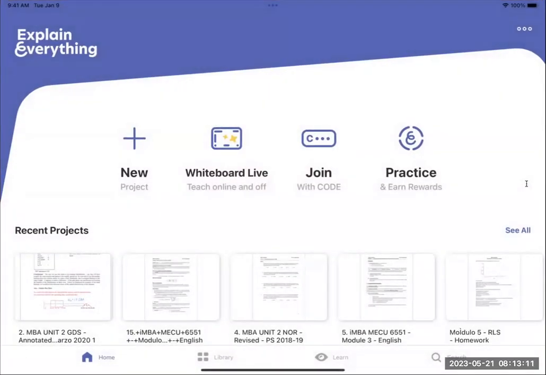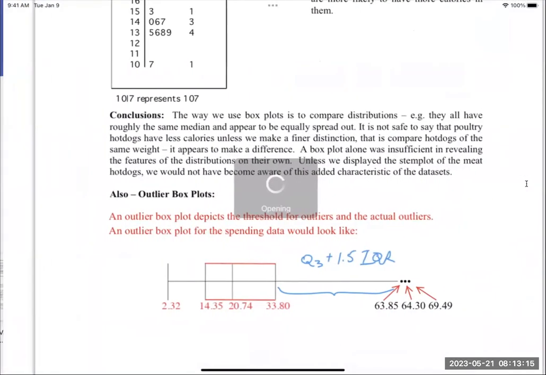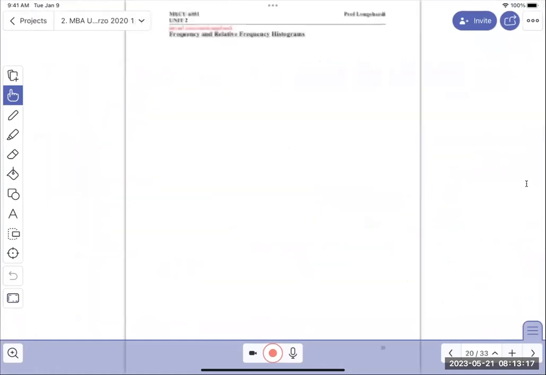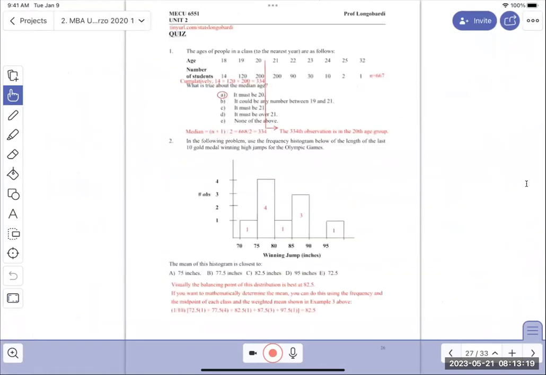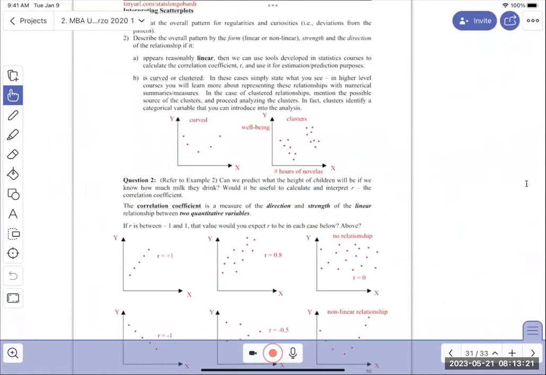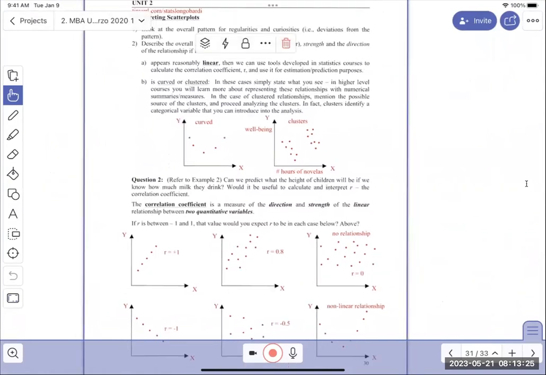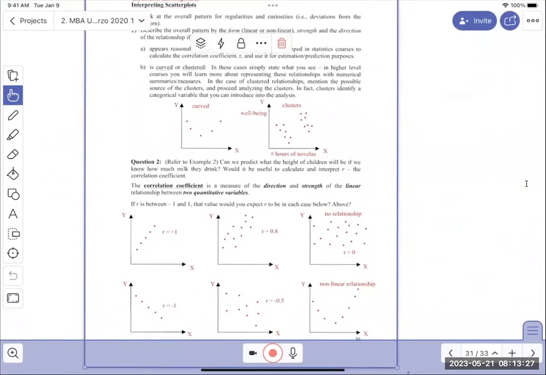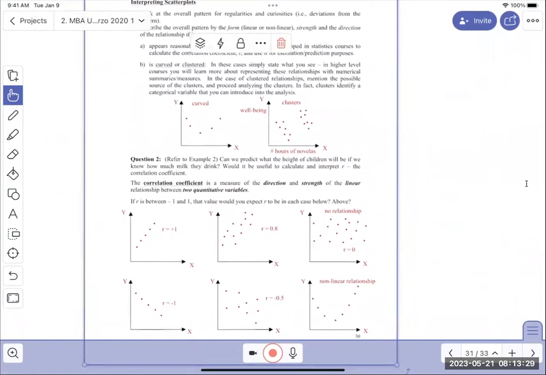So let's do what I planned then, which is to take you back. From module 3, you should have had the introduction to looking at two variables at a time.